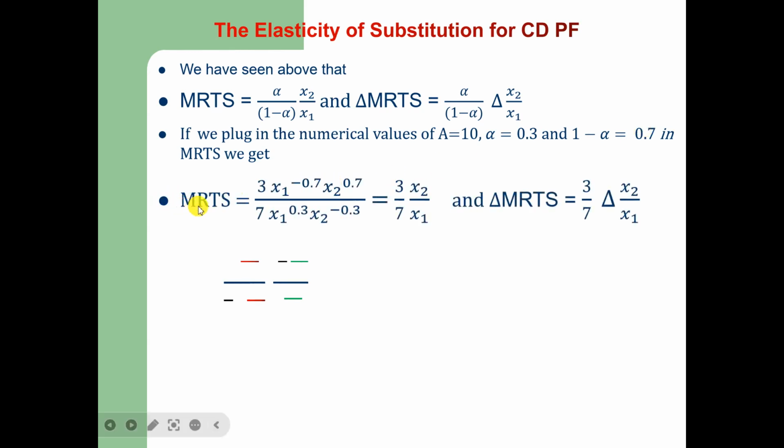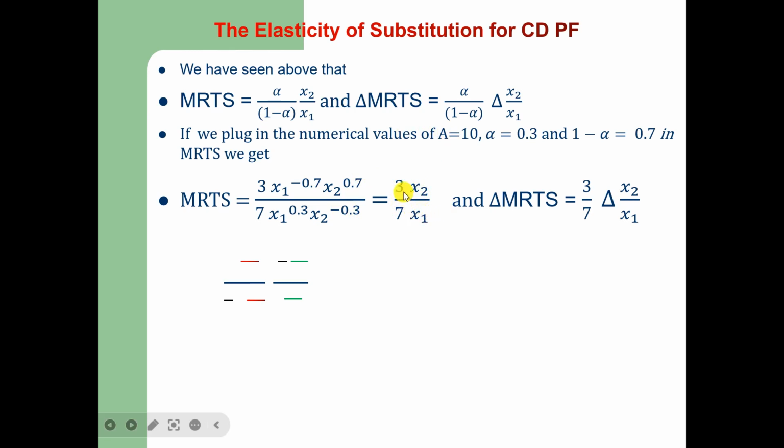In that case, MRTS is equal to 3 x1^(-0.7) x2^(0.7) divided by 7 x1^(0.3) x2^(-0.3), and if we simplify this, we get 3 by 7 times x2 divided by x1.